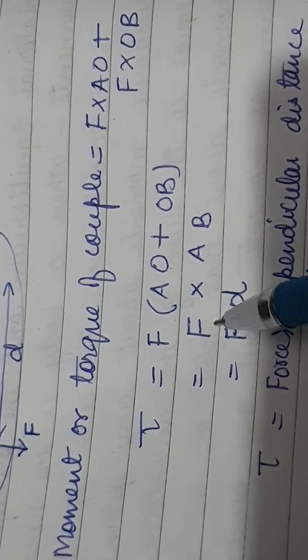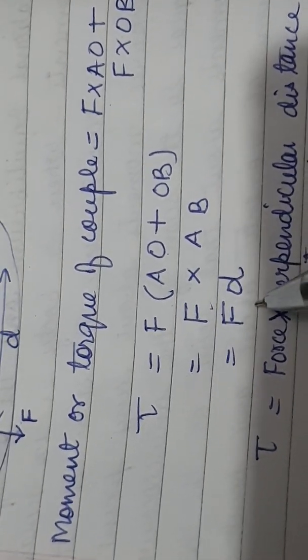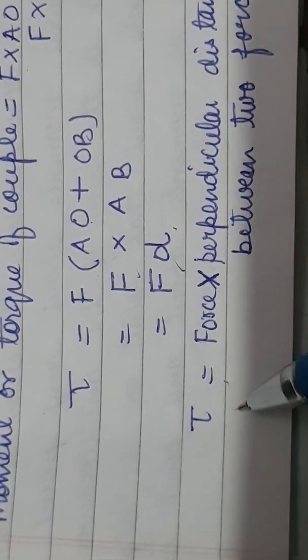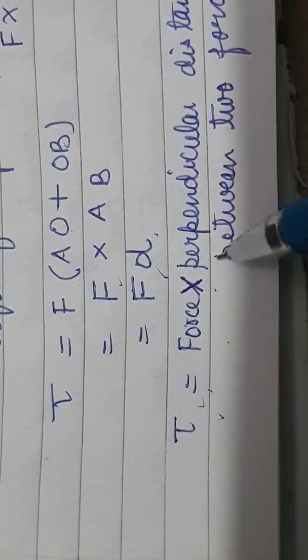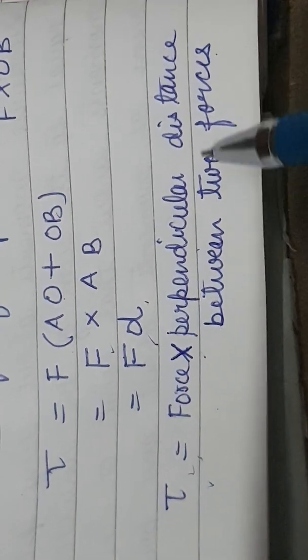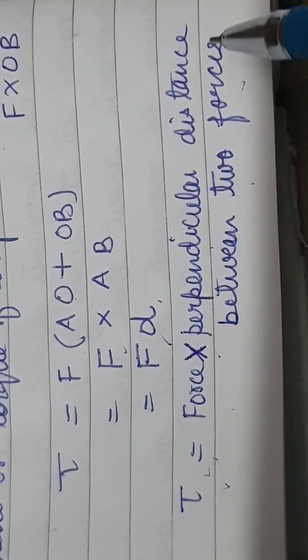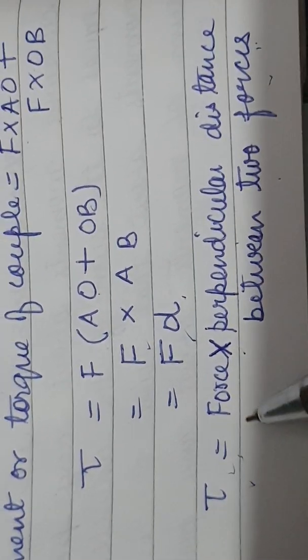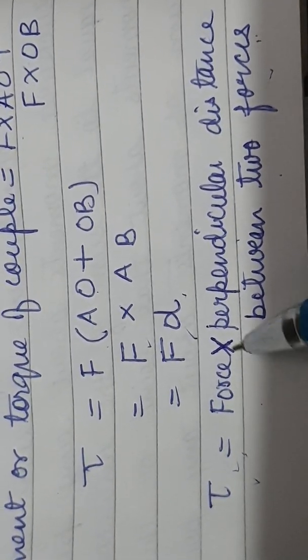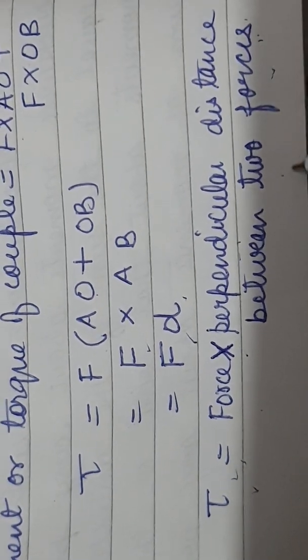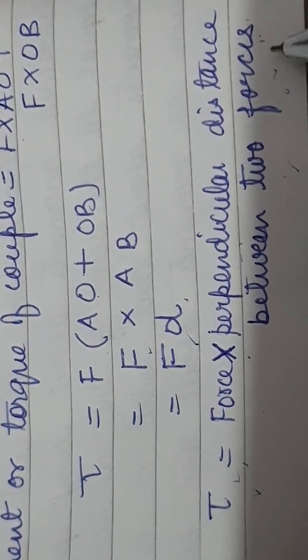So it will be equal to F into AB, or you can write F into D. So the moment of couple or torque of couple will be equal to the force into the perpendicular distance between these two forces. The moment of couple will be equal to the product of either of the forces and the perpendicular distance between these two forces.